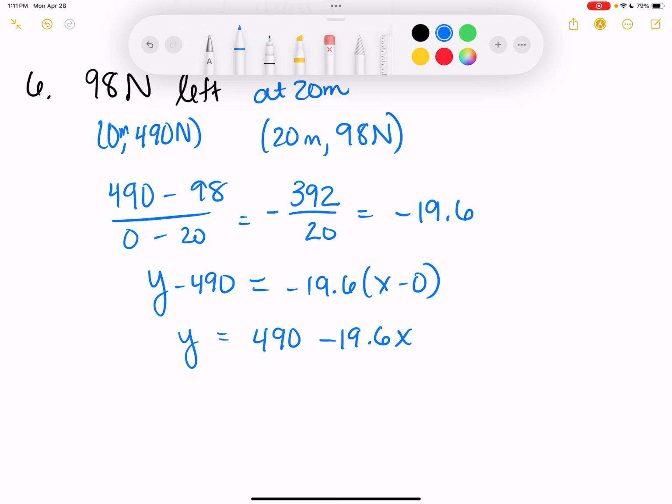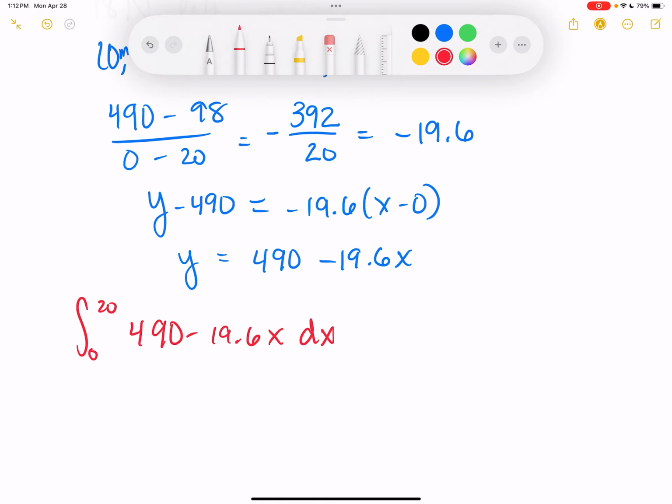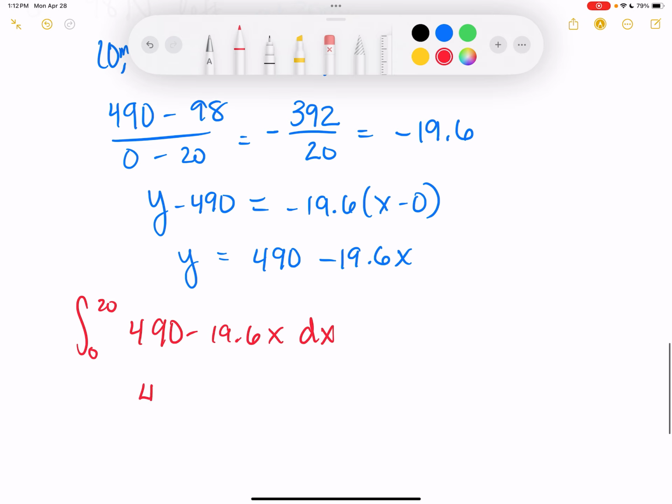So now I'll integrate this from 0 to 20. What happens when I integrate this? That would be 490x minus, I want to say, 9.8x squared. Yep.